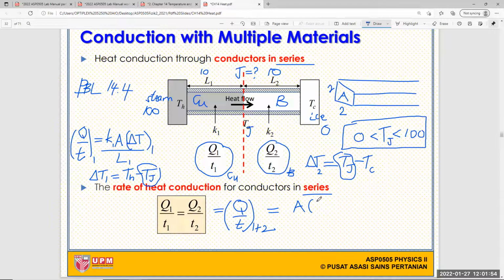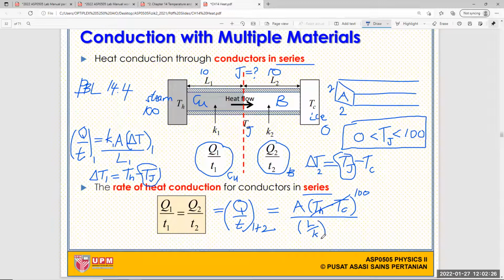You can combine and just proceed with TH minus TC, which is equal to 100, overall for 1 and 2. And what happened to your K and L? This is the concept where in series you sum what we call L over K.